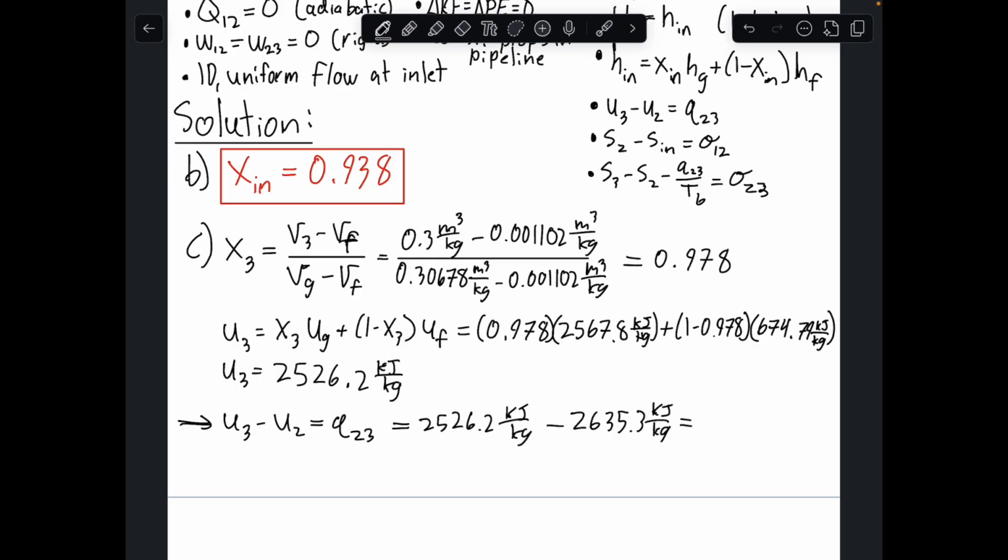So I got this value to be around negative 109.1 kilojoules per kilogram. So this should be our heat transfer term.